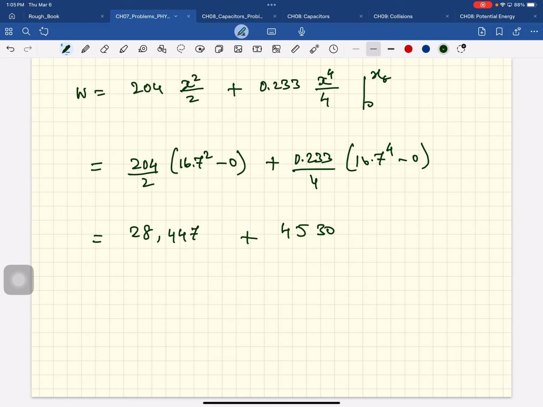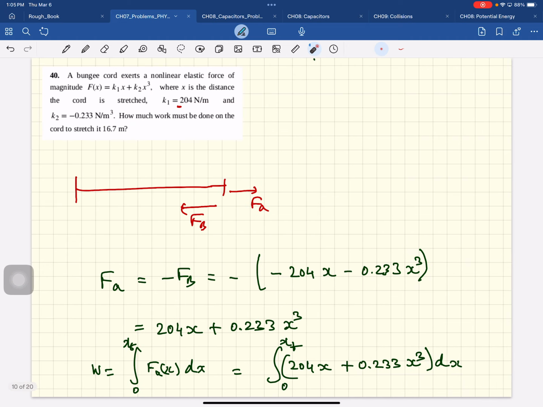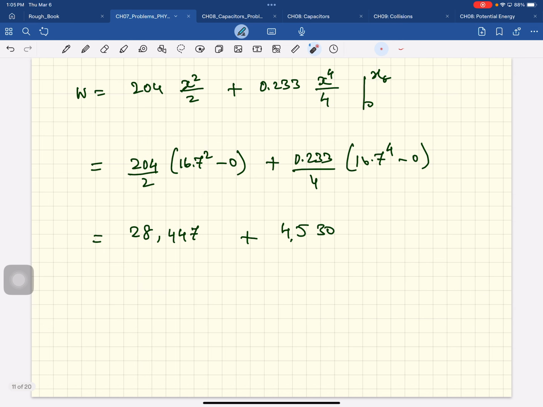Okay. So the reason I wrote them separately is, you see, most of the work is done against the linear component of the force. The nonlinear term contributes a small portion here. So that's the work done.